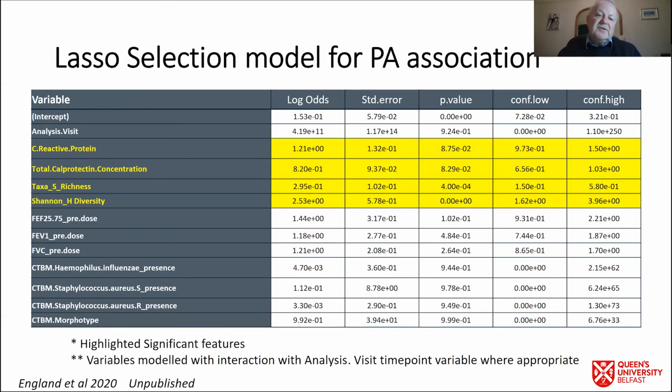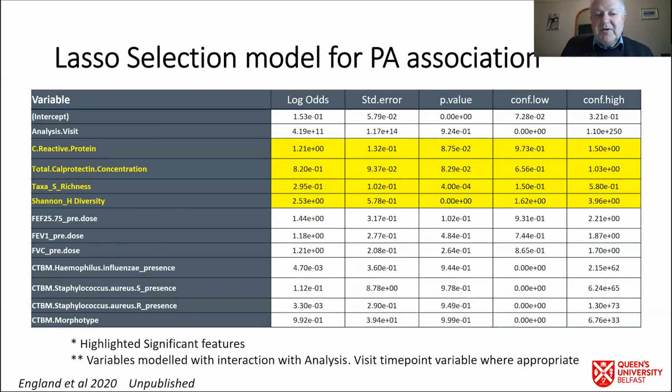We tease this out further with an algorithmic, almost artificial intelligence approach, where we used a methodology called LASSO to agnostically interrogate the data. And you can see from the cells highlighted in yellow that there was a relationship using this methodology to two measures of inflammation, C-reactive protein and calprotectin, and richness and diversity to the presence of Pseudomonas aeruginosa and its relative abundance.